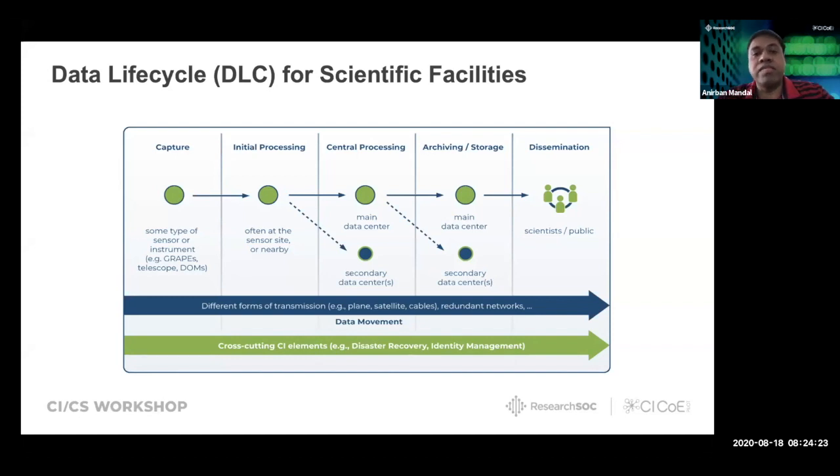And sometimes, depending on the science, you have users getting access to only maybe the higher level data products, right? So it really depends on the type of science and the facility doing that, right?